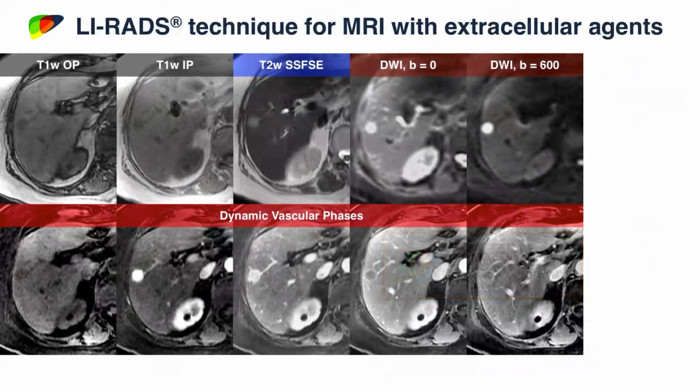Okay, so how do we do it? Well, LI-RADS doesn't want to be too prescriptive on how to do it, but if we're using an extracellular agent, then LI-RADS would like you to get in and out of phase imaging, some kind of T2, some kind of diffusion weighted imaging, and then dynamic imaging with arterial phase, portal venous phase, and delayed.